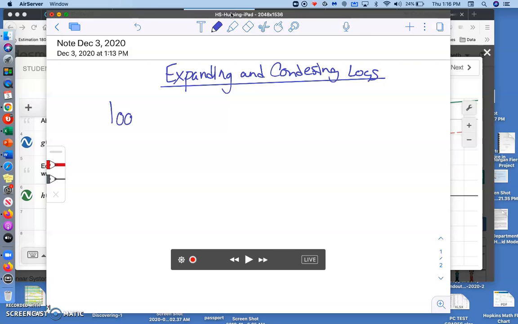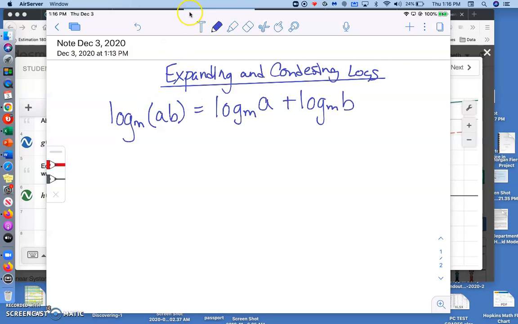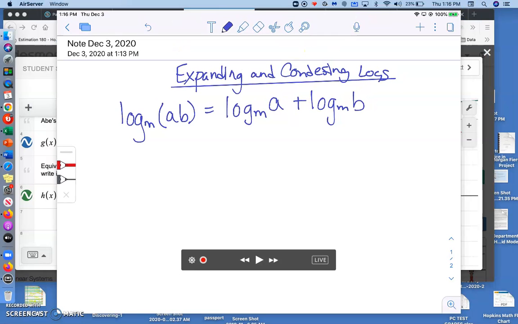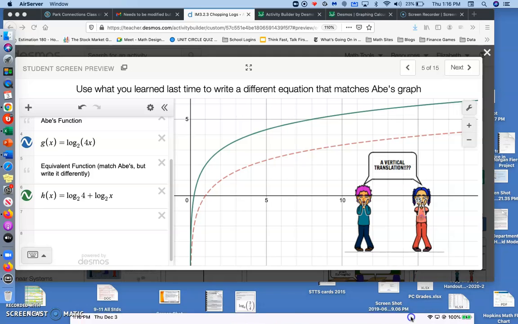So log base m of ab equals log base m of a plus log base m of b. Multiplying is really the same as that vertical translation, where we move it up. So there's one rule of logs.